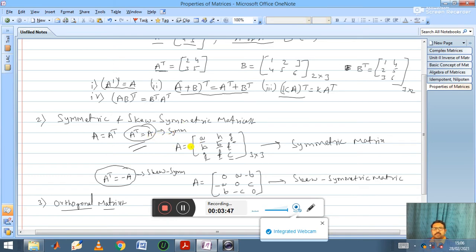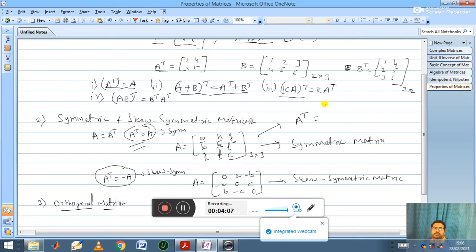Let us take one example. A equals the matrix with rows A H G, H B F, G F C. If you take the transpose of this matrix, here I am writing the transpose.